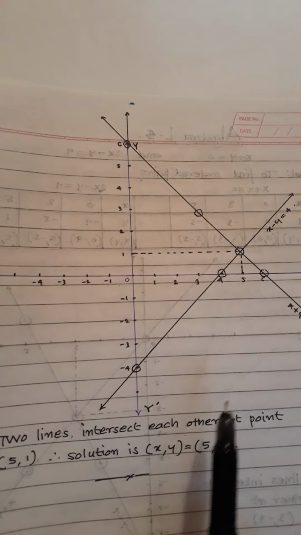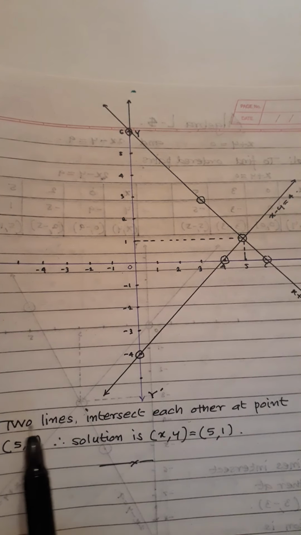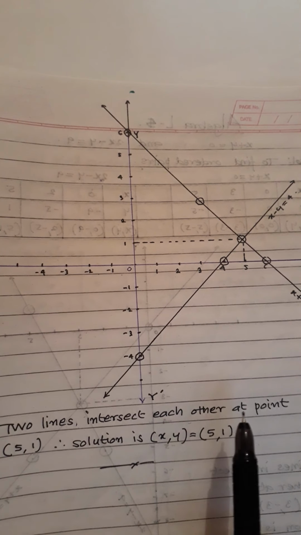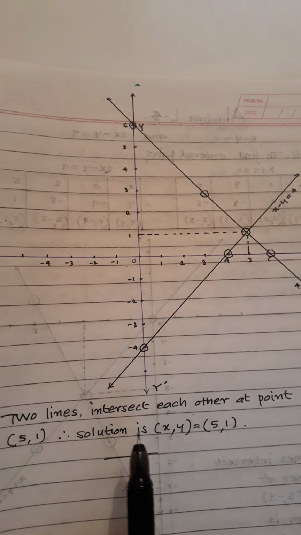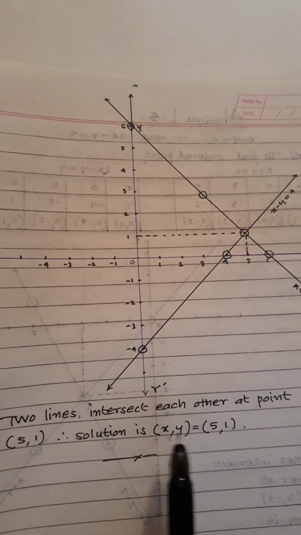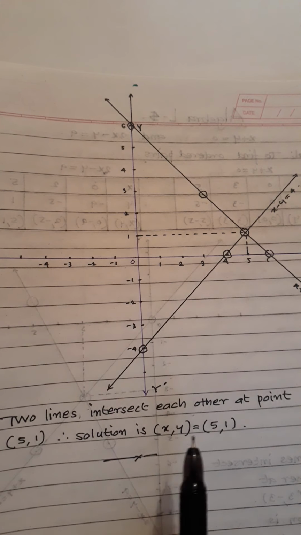So this is your solution. Then write down your solution in this way. Two lines intersect each other at point 5 comma 1, and therefore the solution is x comma y is equal to 5 comma 1. Okay, you understand?